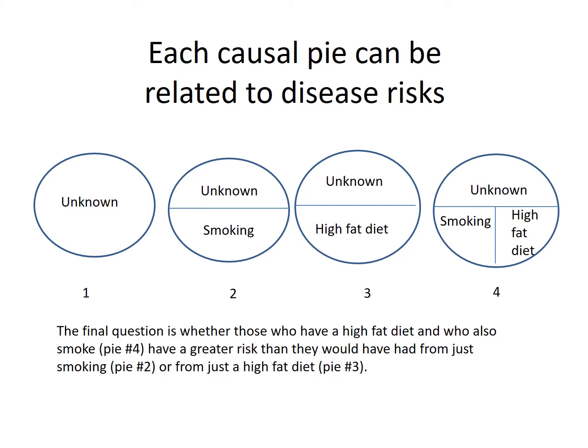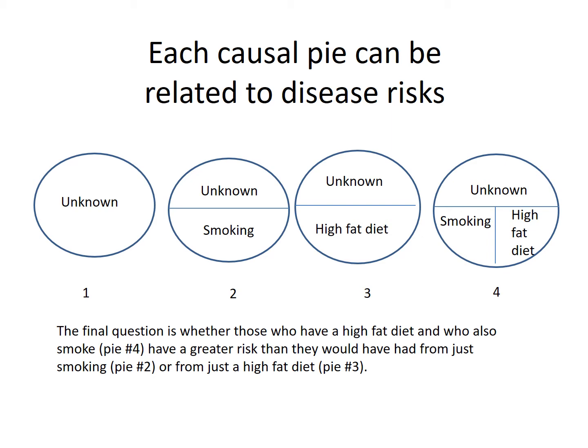And ultimately, the purpose of this is to compare the effects of just, or the risk of just smoking, plus the risk of the high-fat diet to those people who both smoke and have a high-fat diet. So in other words, the risks of the two together. And the question is, in that fourth pie, what is the risk of both together?